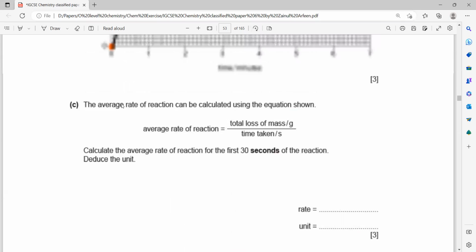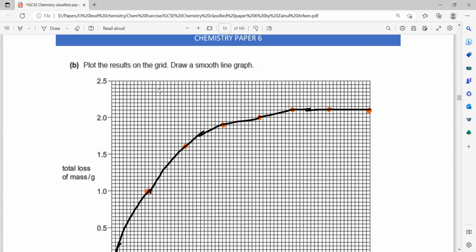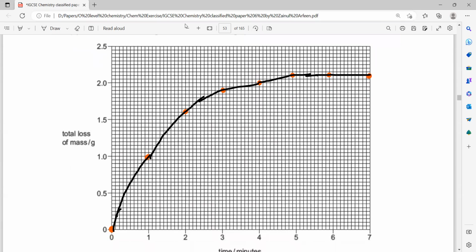In the beginning it was already in excess, so the reaction rate will be faster, but the final mass will be the same. The reaction will complete in a shorter time, but the final mass will be 2.1.